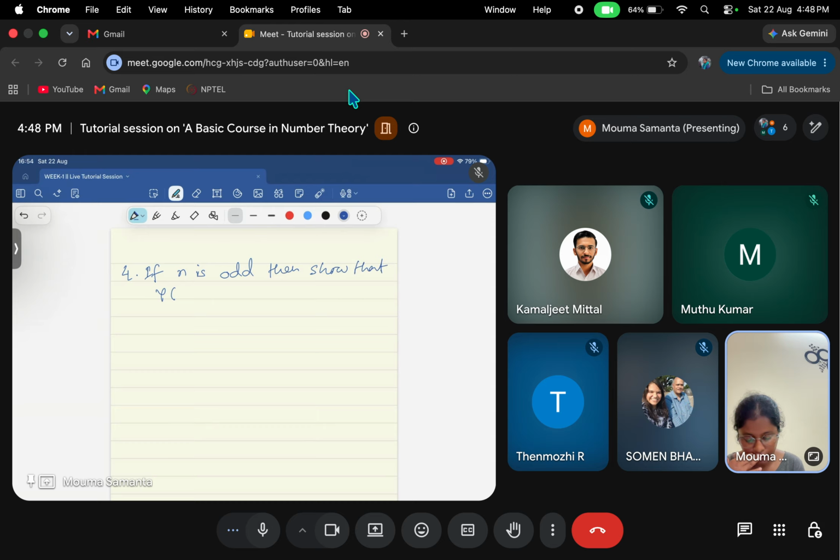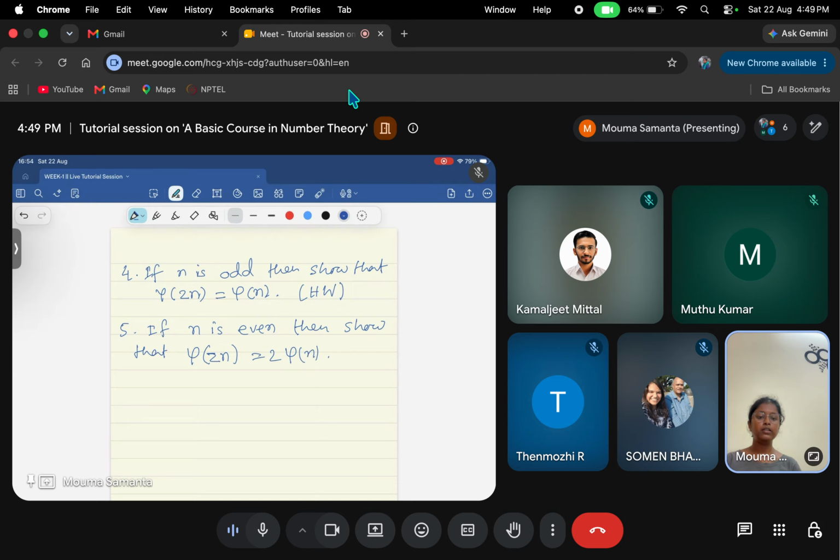And now let's solve this one. If n is even, then phi of 2n equals 2 phi n.